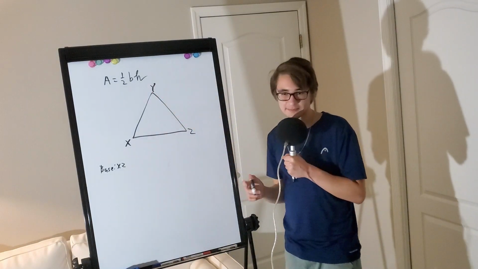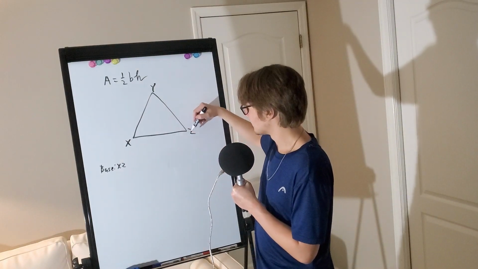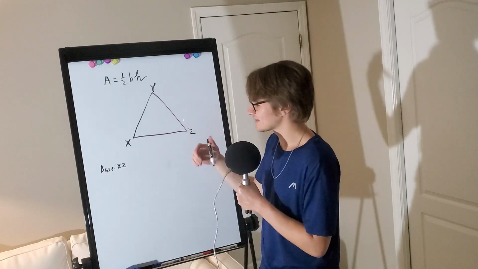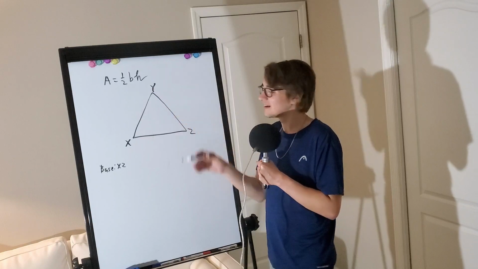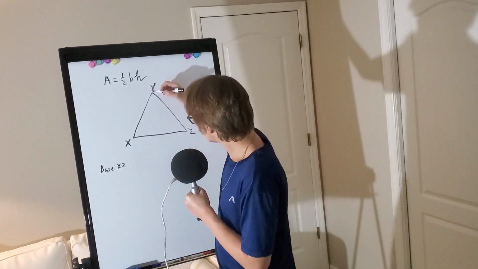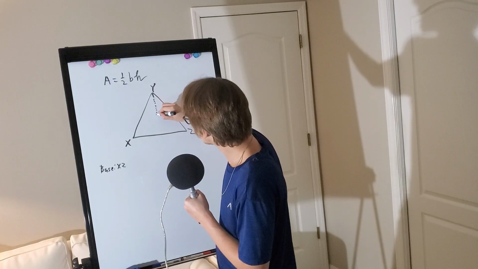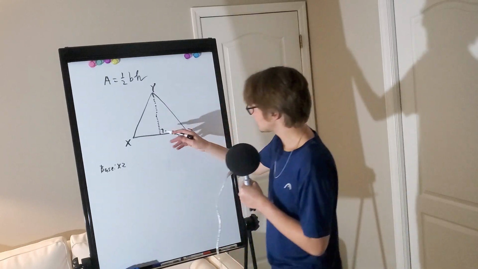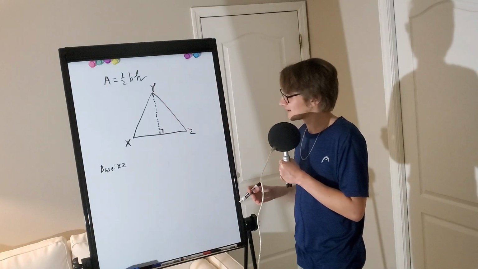The height, then, what you do is you go from whatever letter is missing on the base, which is Y in this case. In other words, you go from the base to the opposite vertex, and you have to draw a line down to the base forming a right angle. And as you can see, that is sort of like how tall the triangle is.